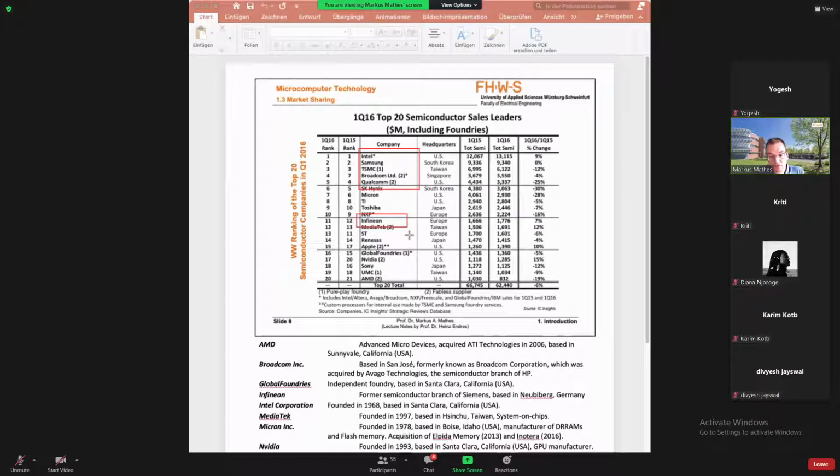Therefore, we try to get more independent with our own plants. And at the moment, Bosch tries to establish their own semiconductor manufacturing. They open their own plant, also during the Corona crisis.